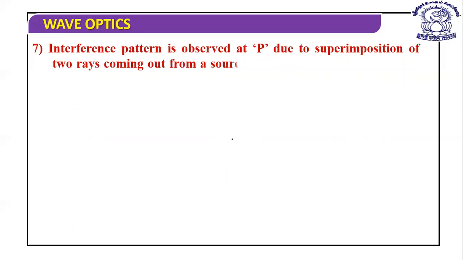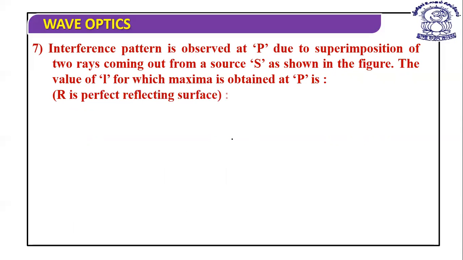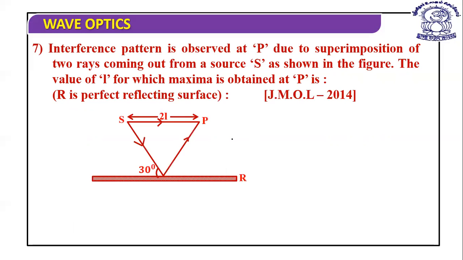Next, interference pattern is observed at P due to superimposition of two rays coming out from source S, as shown in figure. From source S, two light rays are reaching to point P, one directly and one by reflecting from the surface R. The values of L for which maxima is obtained at P is?